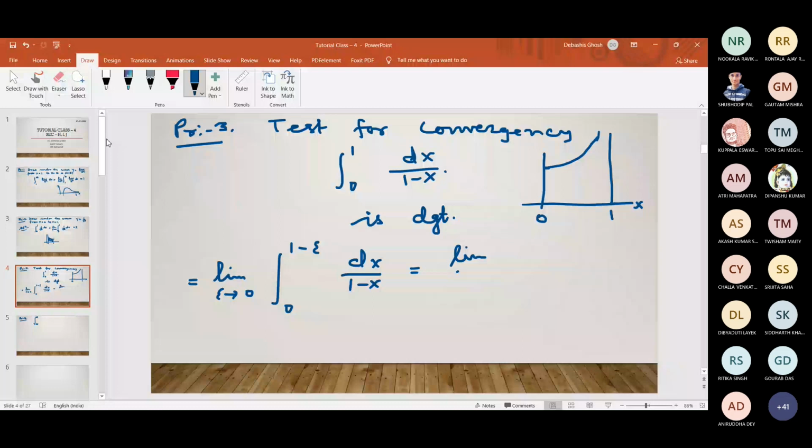So for 0 you have ln 1, which gives you the finite value 0, but for 1 minus epsilon it comes to ln epsilon. So that is minus of minus plus, so you have the limit epsilon tends to 0 of ln of epsilon, which does not exist. Or we can say that in this case it is divergent.